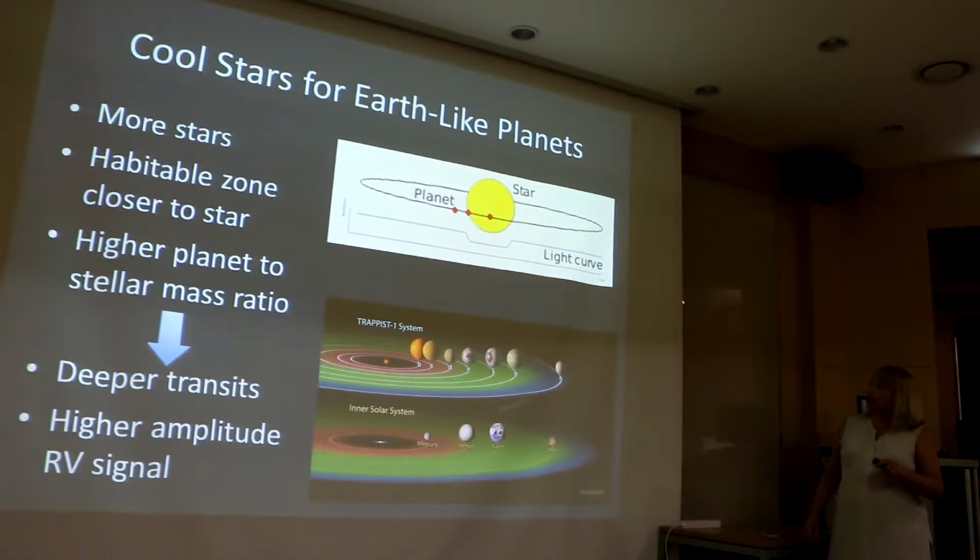If you find it by a transit, the transit will be deeper if the planet is closer to the star and bigger relative to the radius of the star. And if you're looking using radial velocity signals, then it's the same thing. Radial velocity is where you have the star and the planet, and because the planet is pulling on the star, the star moves a little bit. It's going to move more if the star is less massive than if it is more massive.